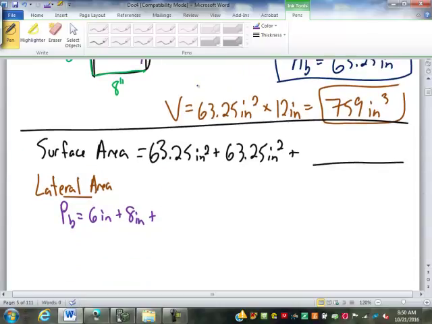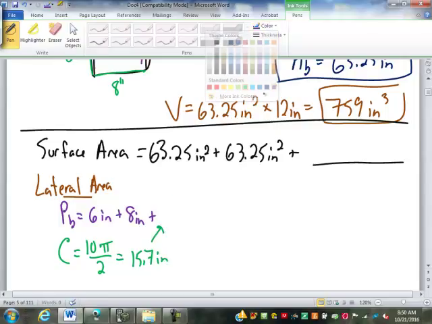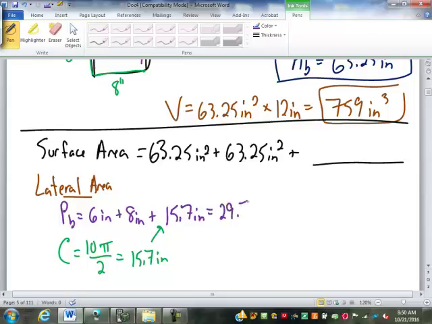That half circle circumference is pi times 10 divided by 2 because it's only a half circle, which is 15.7 inches. Which makes this perimeter 29.7 inches around.